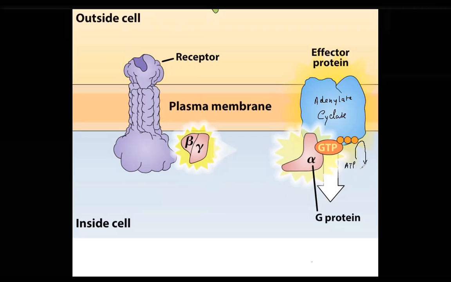Once the cyclic AMP molecule has been produced, cyclic AMP will be present in the cell in higher concentration and will stimulate downstream signaling. This is how downstream signaling occurs, and a large number of signals are going to be produced. Moving forward.